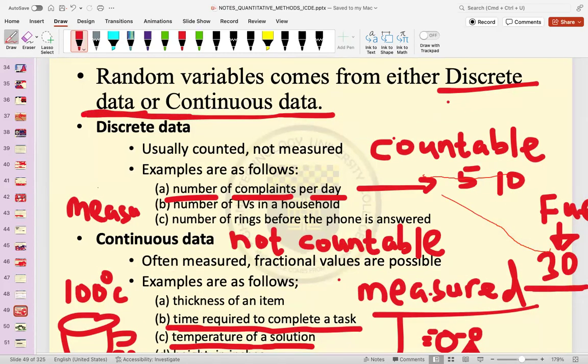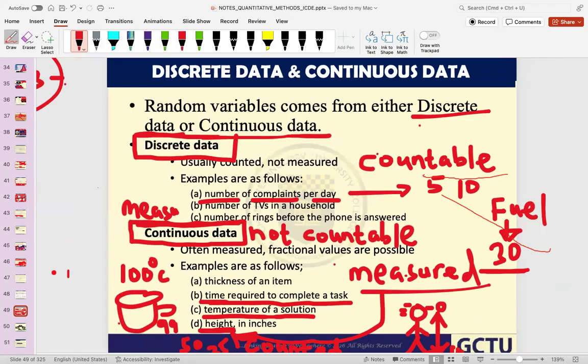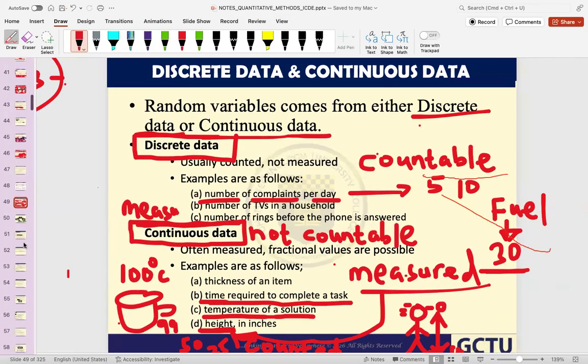Sometimes we'll have to deal with countable data called discrete data. Sometimes we need to count discrete, and then we measure the continuous, because continuous needs measurement.